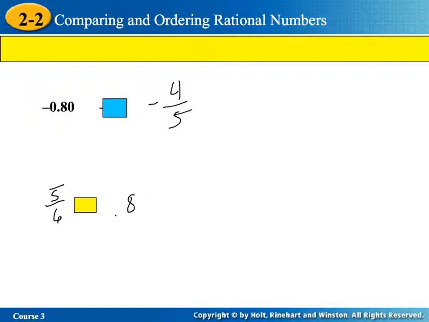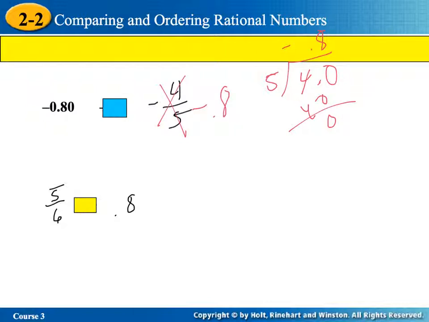So how I do that, again, 5 into 4. How many times does 5 go into 4? Can't do it. Put my decimals up. 5 into 40, 8 times. And I get 0. Now it's a negative divided by a positive, so my answer is a negative 0.8.